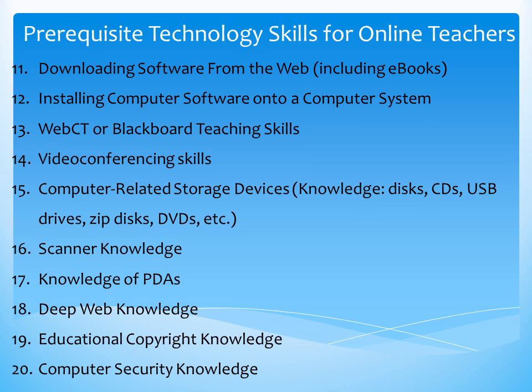Yes, this is another skill that is required, because as you go on, you may need some software to enhance your functionality, and you must learn how to download software without affecting or crashing your computer. Downloading software from the web and installing it. Installing computer software into your system is a skill that you need, because at one time or the other you will need software to help you function better in whatever it is that you are doing.